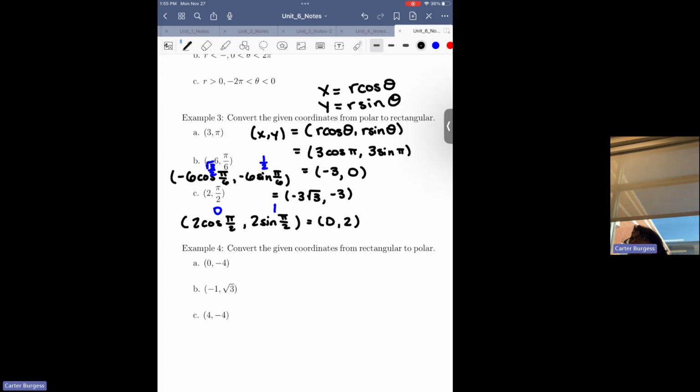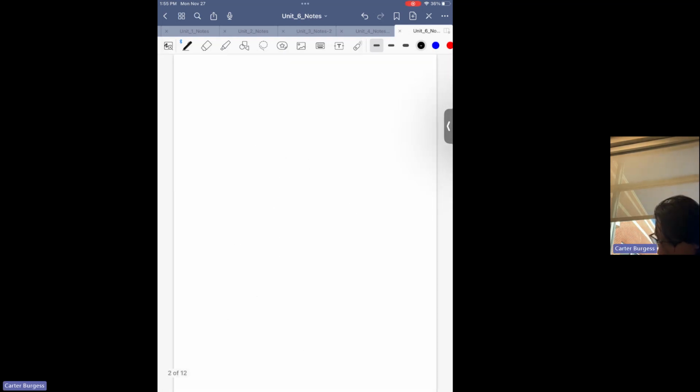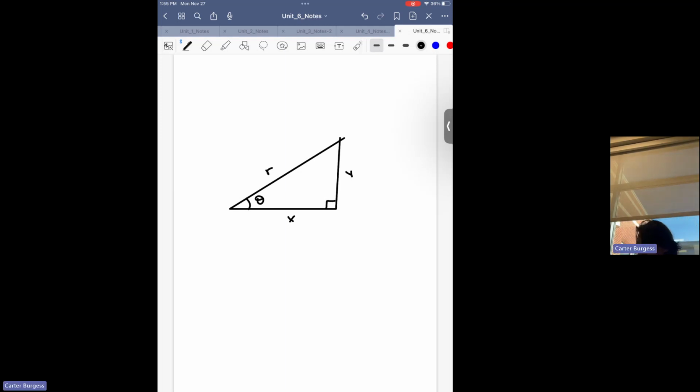My advice would be to start with r. So if we're thinking about our triangle here, what is my equation for r? What can I say about r, assuming I'm given x and y?